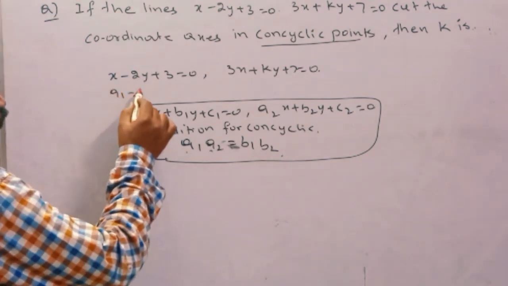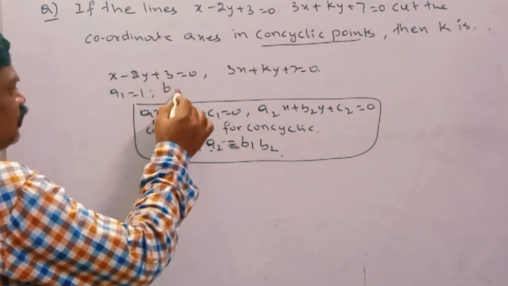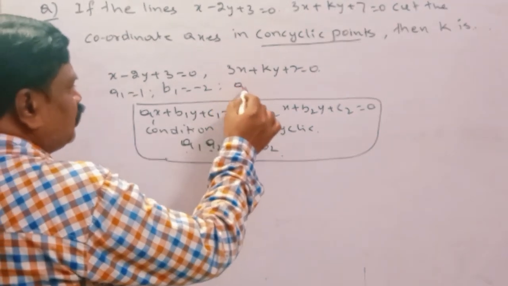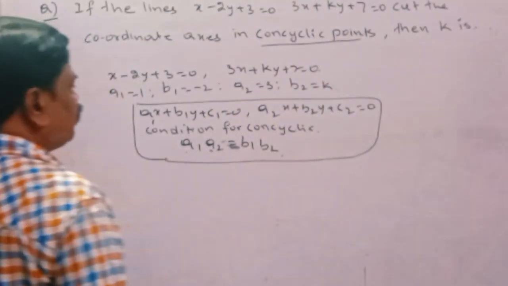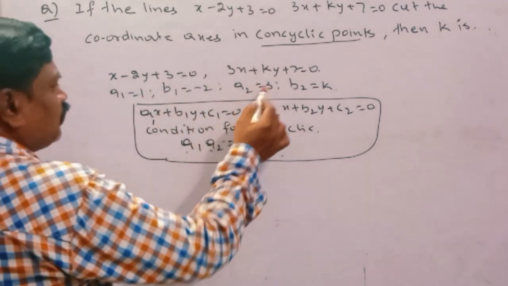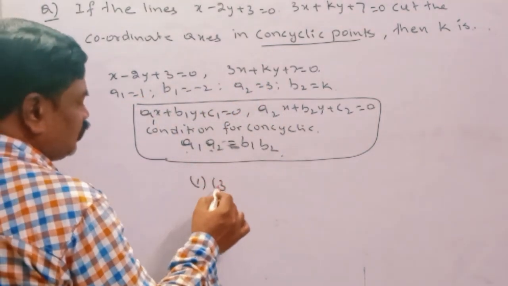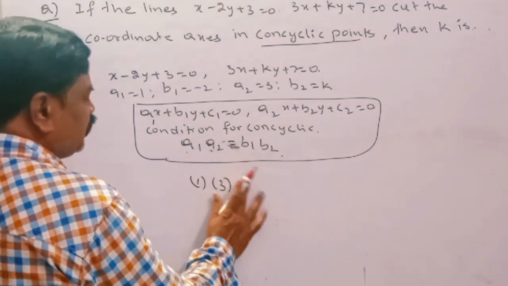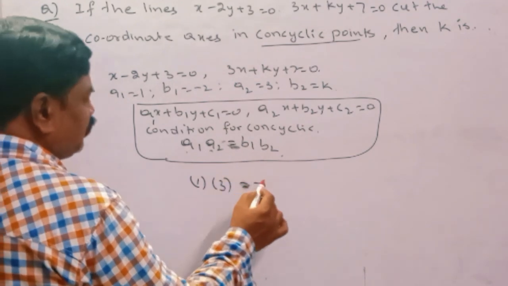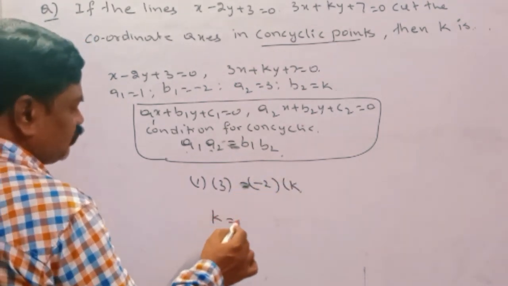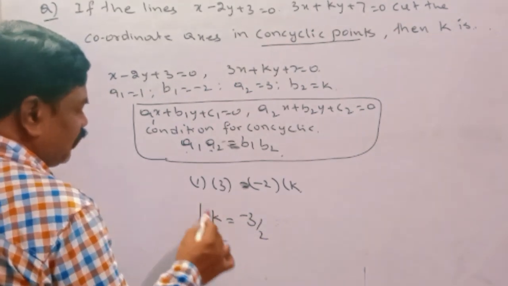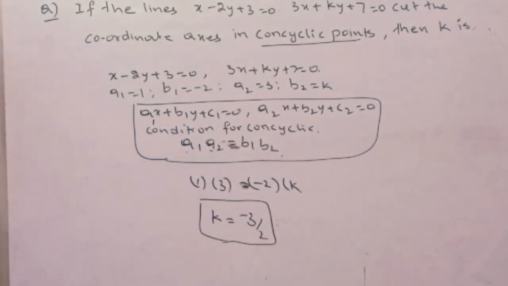Here a1 is 1, b1 is minus 2, a2 is 3, b2 is k. So 1 into 3 equals minus 2 into k. So k is equal to minus 3 by 2.